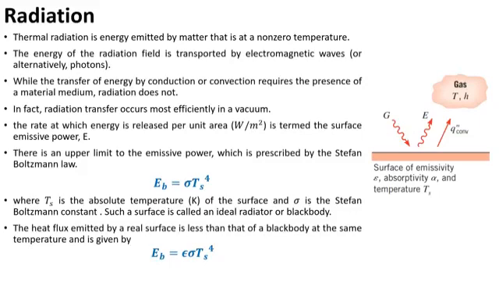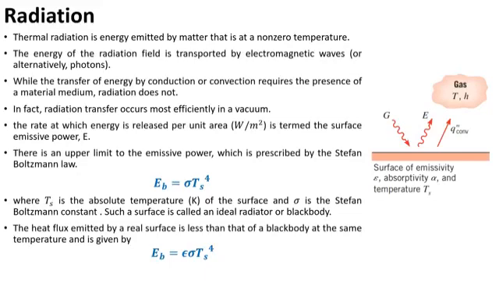Black body does not mean black in color. We will discuss in detail what a black body is when we study radiation in detail. E_b equals sigma T_s power 4 is the black body radiative power, or black body emissive power.